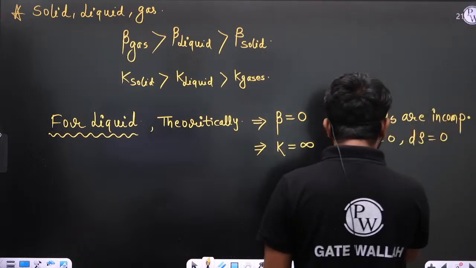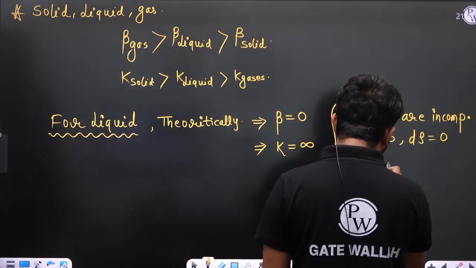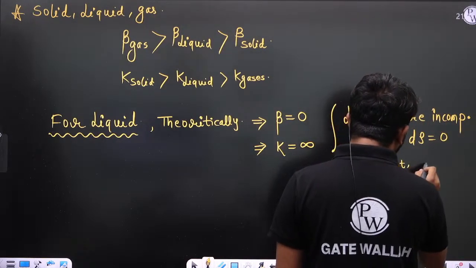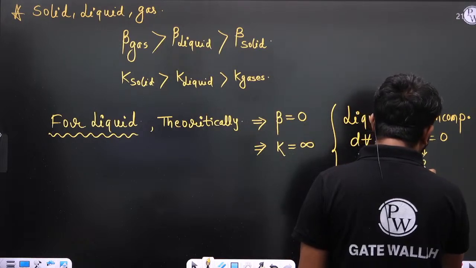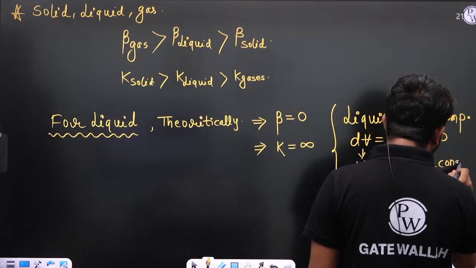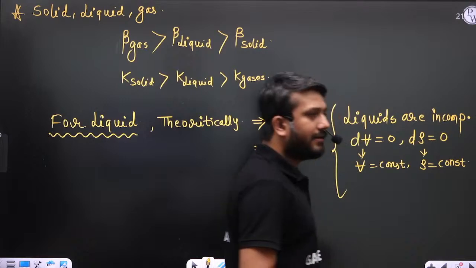So we can say volume is constant, and density is constant for an incompressible substance.